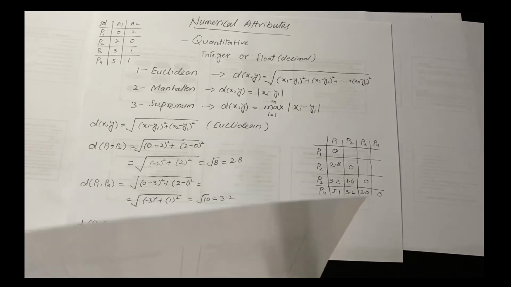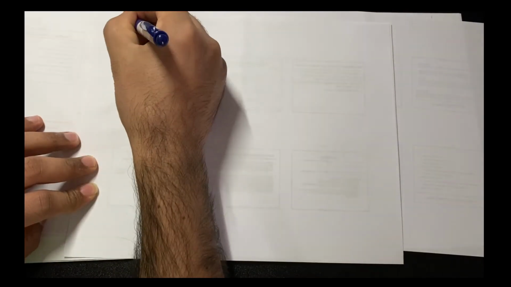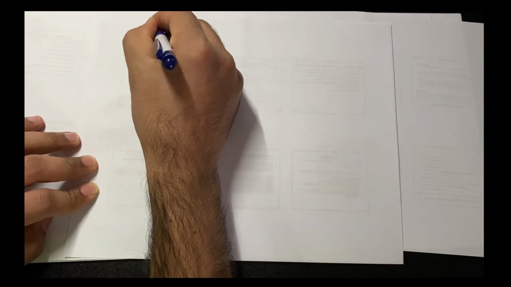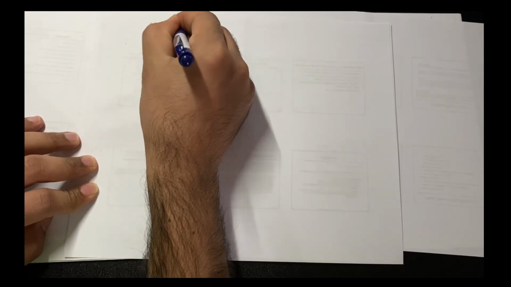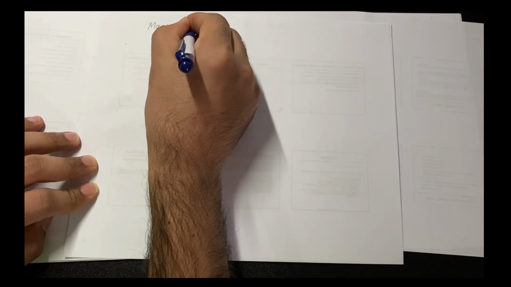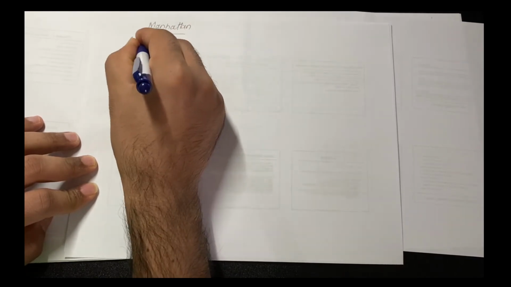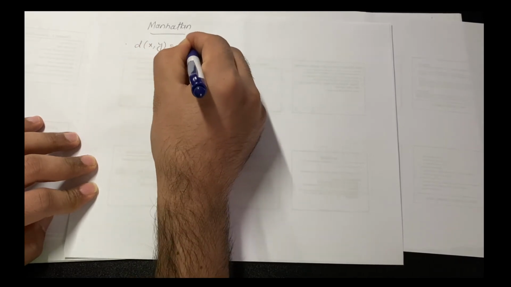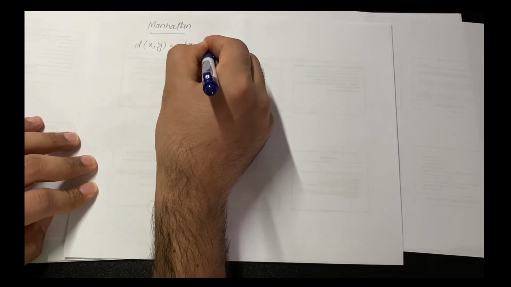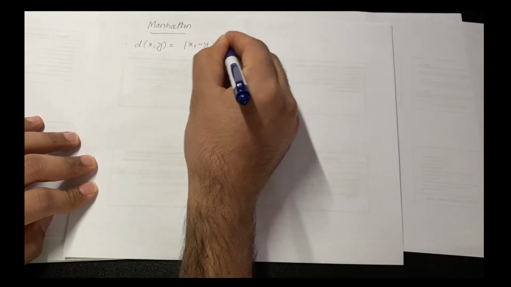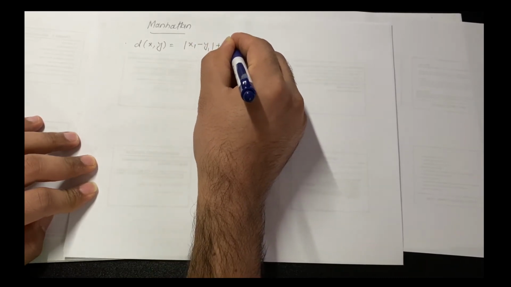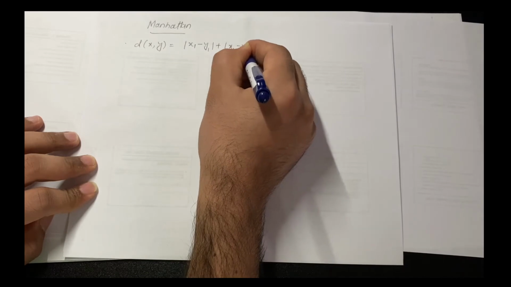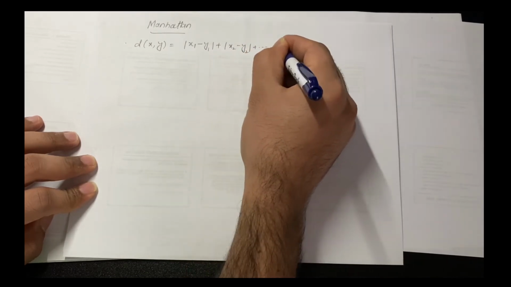Okay, let's see the Manhattan distance formula. For Manhattan, we have the formula: absolute x1 minus y1, plus absolute x2 minus y2, plus so on.